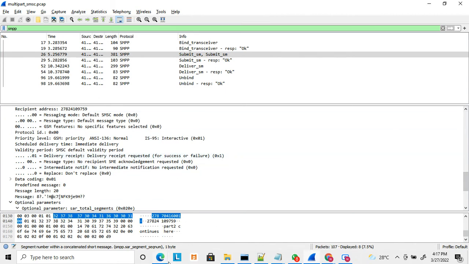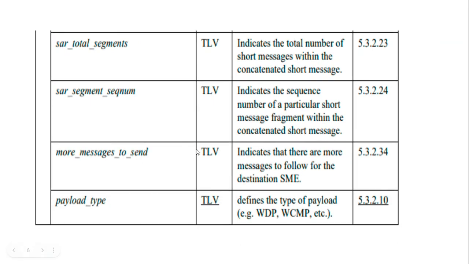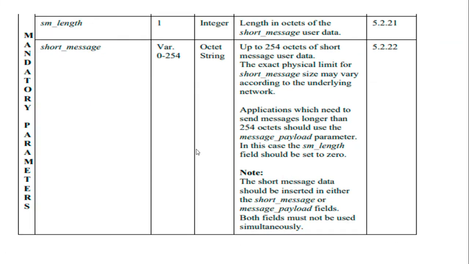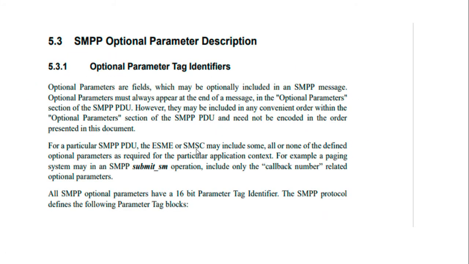Now let's come to the point where we are discussing the optional parameters. I already described the mandatory parameters, and now we are describing the optional parameters. As a developer, if you want to parse an SMPP request, how will you parse? SMPP describes the mandatory and optional parameters for every message like submit SM and deliver SM.